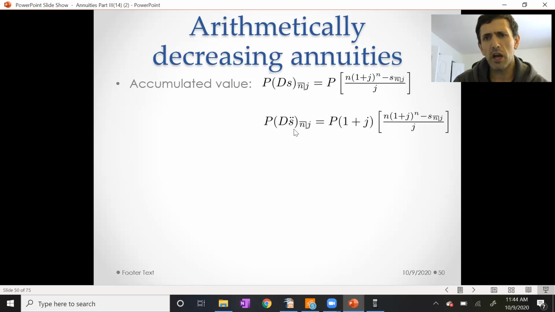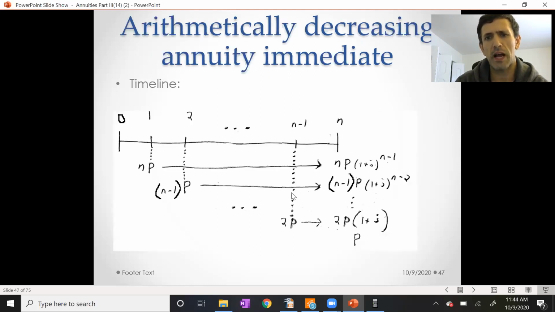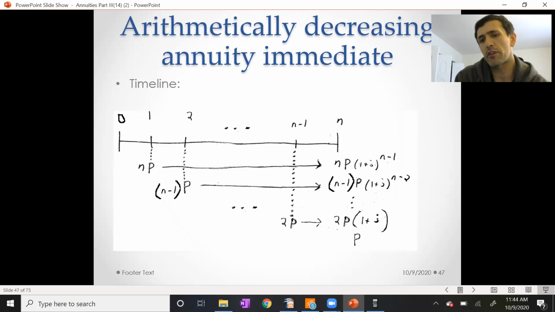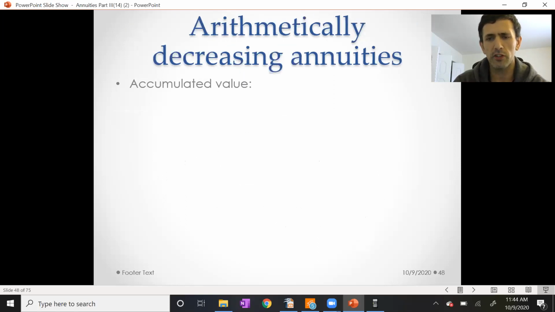Okay, and if we have instead an annuity due, it's the exact same timeline, just literally everything shifted over one period. So the payments start at t equals 0. At t equals 0, you have a payment nP. At t equals 1, you have a payment (n minus 1)P. And at t equals n minus 1, you have a payment of P. It's the exact same formula, except everything just accumulates one more period of interest.